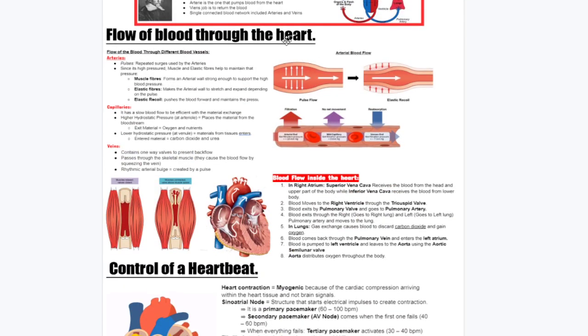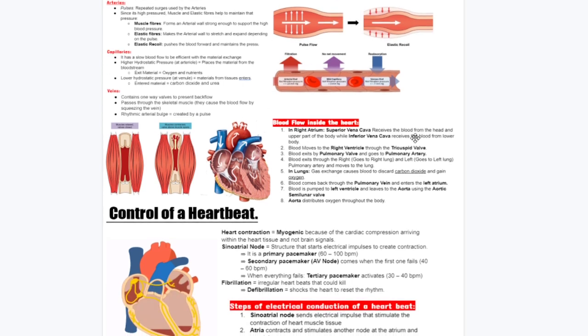And the blood flow of the heart, there's a step on how blood flows through the different vessels, stated here, and blood flow inside a heart is stated here.